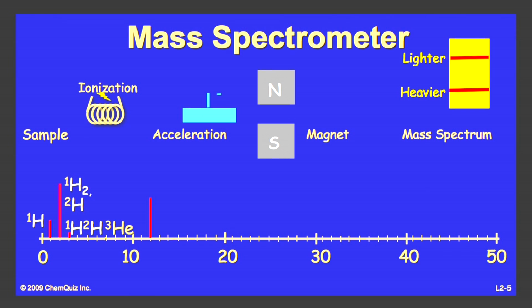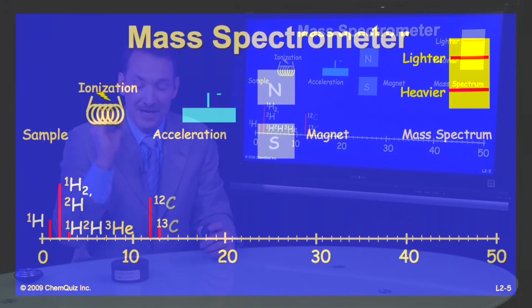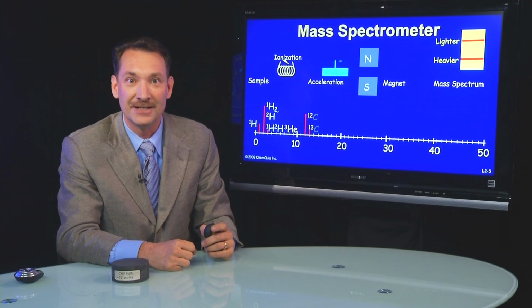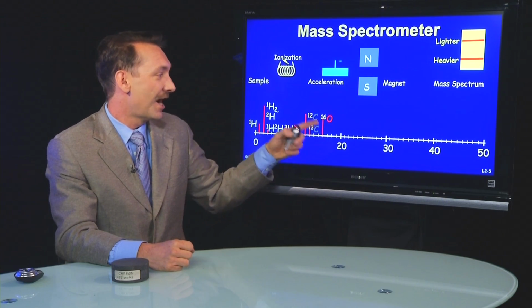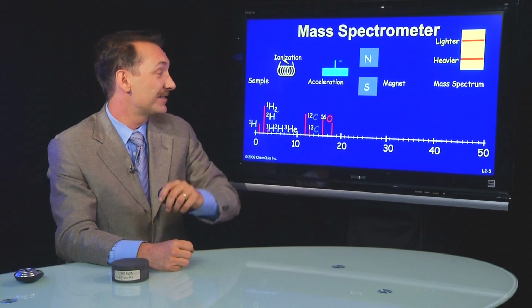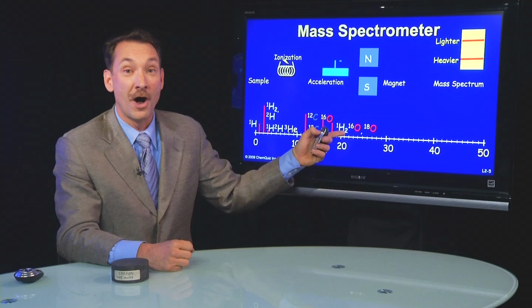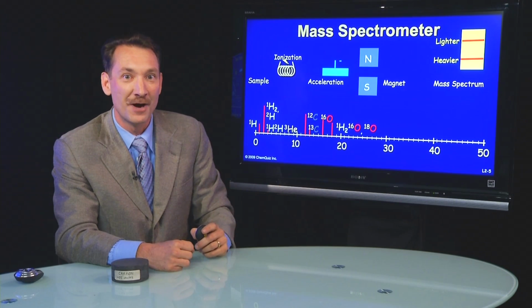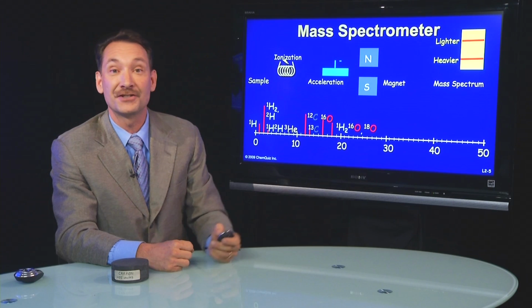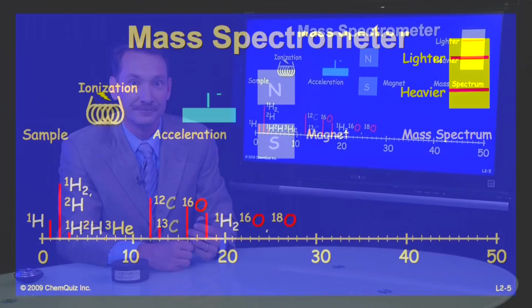Here at mass 12, we'd maybe expect that to be carbon-12. And at mass 13, carbon-13, if we injected some carbon into our mass spectrometer. And you can go on down the line. Here's oxygen-16. At mass 18, you could have a water molecule with oxygen-16 and 2 protons, 2 hydrogen atoms, or you could have oxygen-18, the isotope.